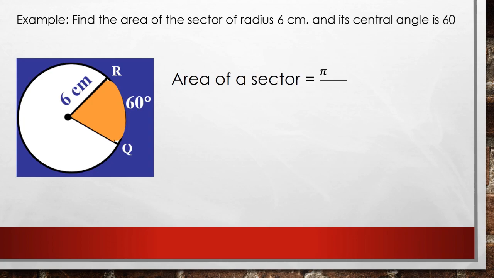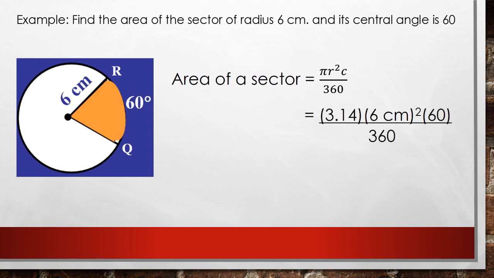So, use the formula pi r squared C over 360 degrees. Let's substitute. That's equal to 3.14 times 6 centimeters to the second power times 60 over 360 degrees. So, kukunin natin yung square ng 6.